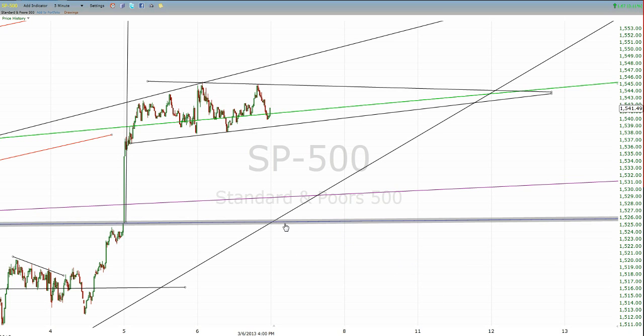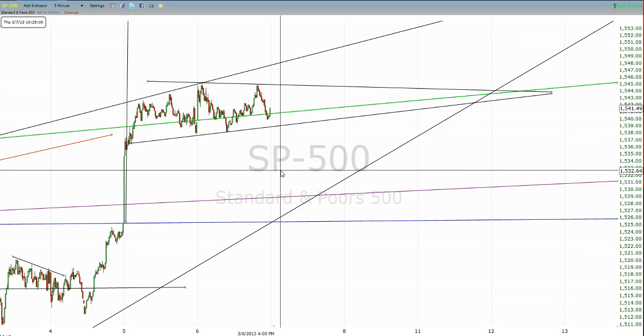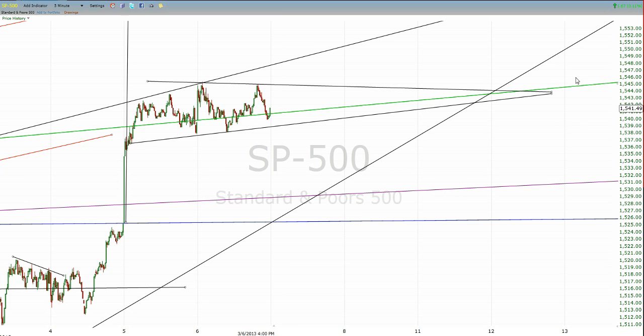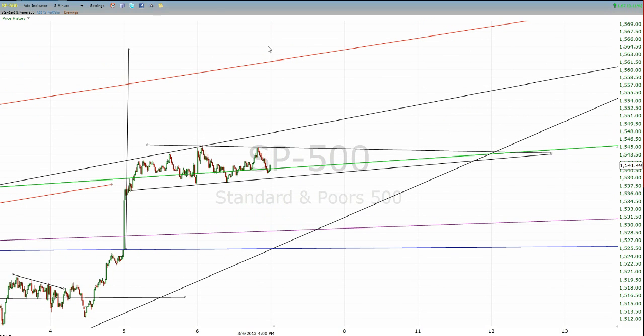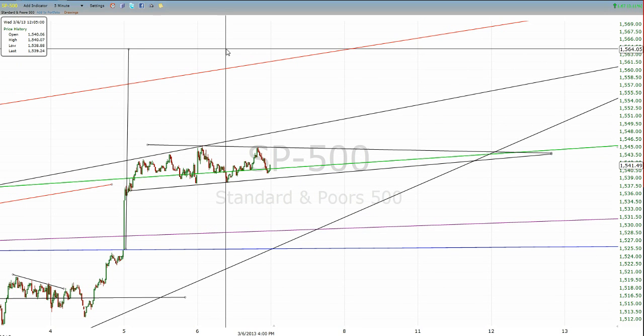So this blue neckline here is around that 1525, 1526 level. If we can come back down to backtest this area, that would be fantastic. But if we don't see that move to the downside, well, we still have a target in play of our inverted head and shoulders pattern of around that 1564 area.